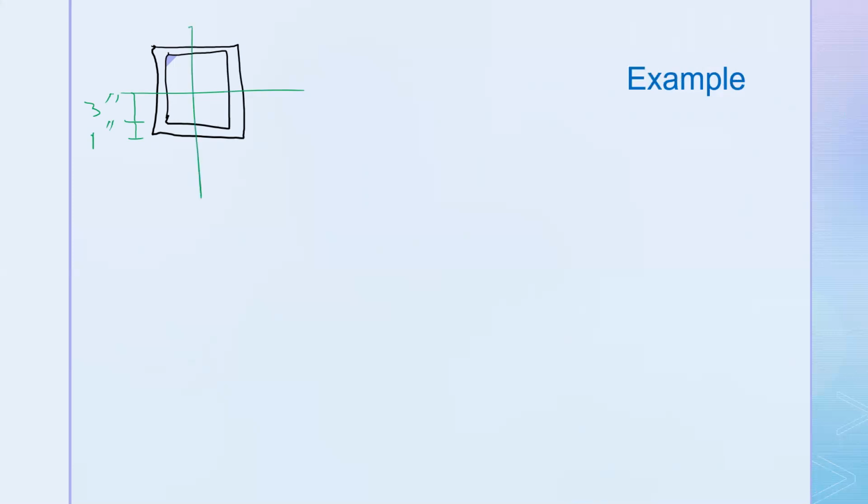So let's try to get the stress distribution on a rectangular cross section, and we'll get some dimensions. We'll say that it's 3 inches and 1 inch, and that's the same top and bottom.